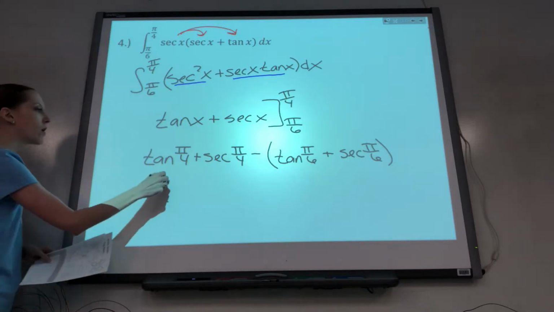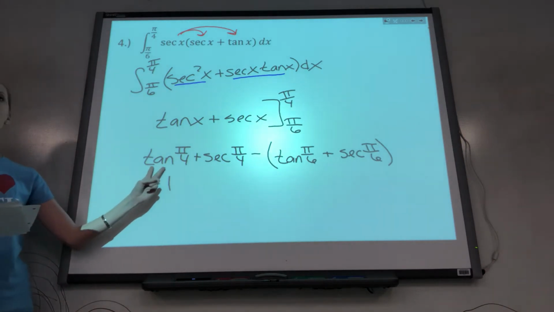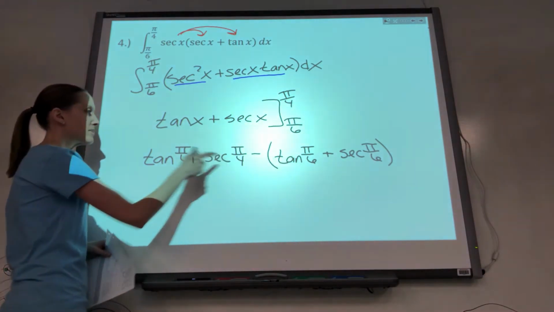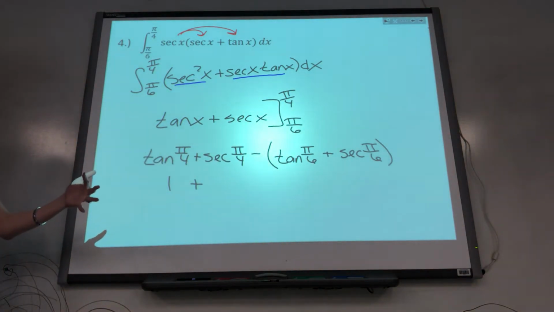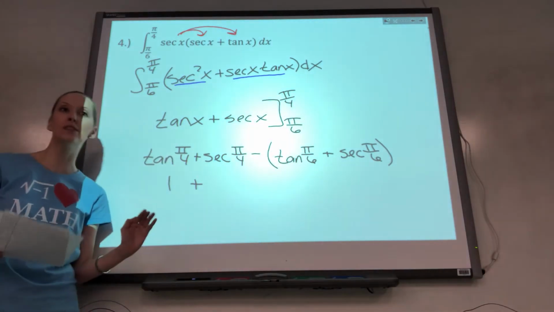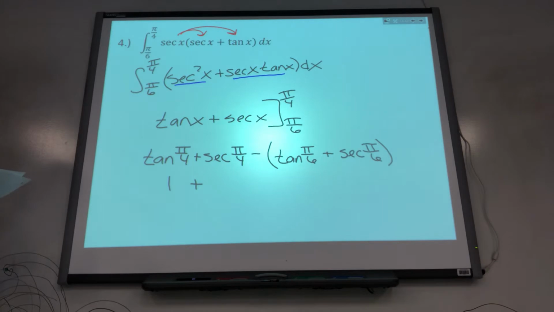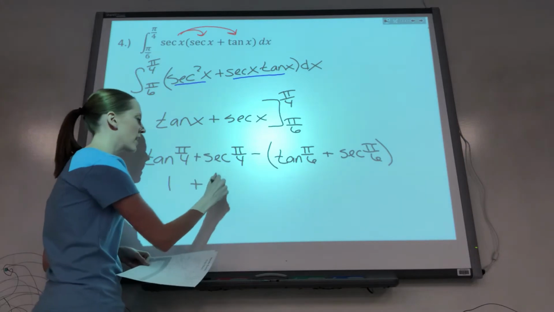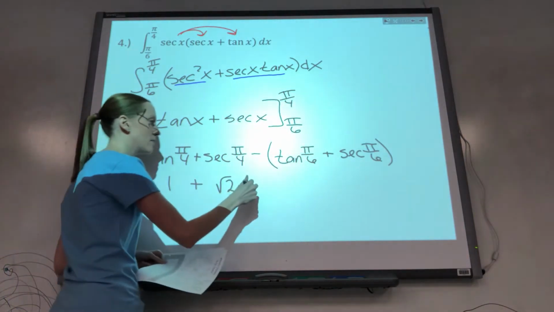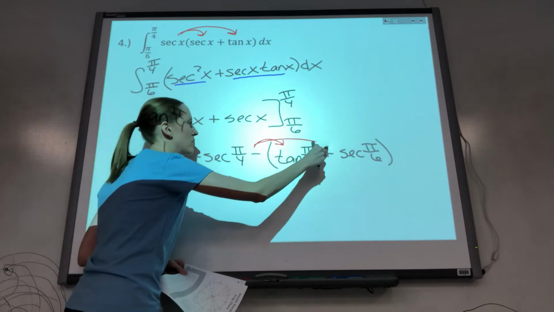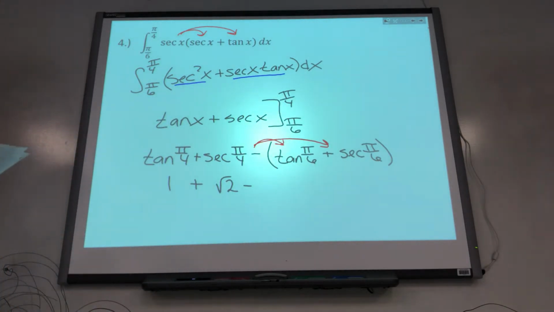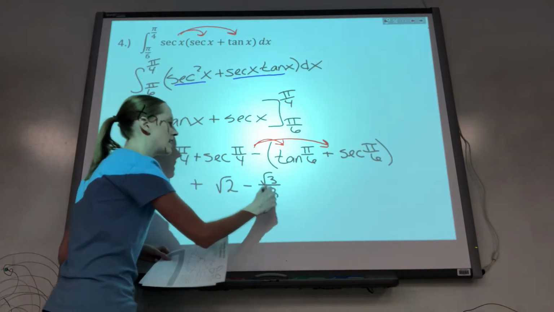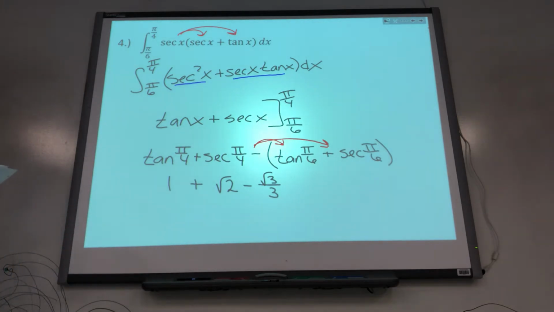Tangent of pi over 4 is 1. You could type that into your calculator pretty easily to get back the 1. But like I said earlier, secant is a little more complicated to type in. It'd have to be like 1 over cosine of pi over 4. I don't want to worry about that. So I'm doing my handy dandy here. That secant of pi over 4, that's radical 2. Now I'll probably go ahead and distribute this minus. If I subtract tangent of pi over 6, then that means I'm subtracting radical 3 over 3.